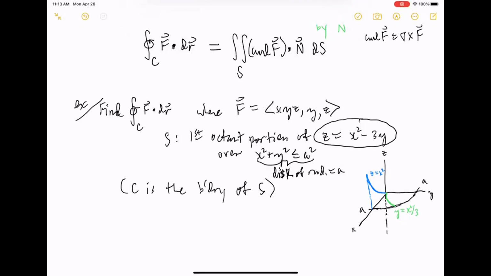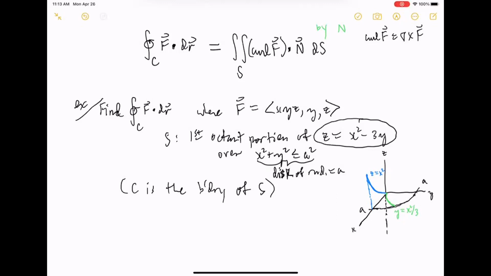Yeah, right. You set x to 0. If you set x to 0, you get z equals -3y. That's just a line of slope -3 where y is the independent variable. Don't you see? So that's not too hard to imagine what's going on there.